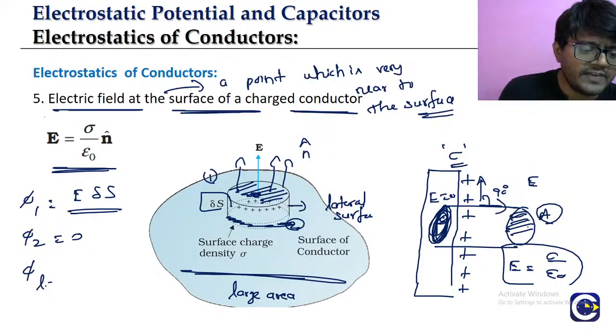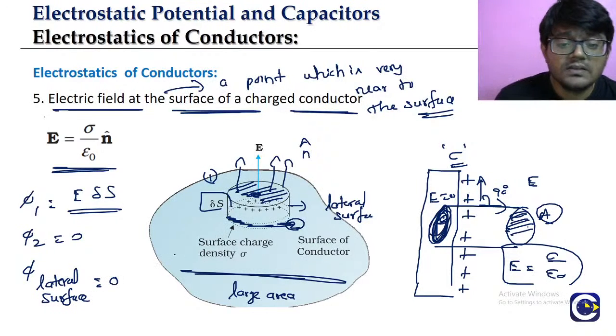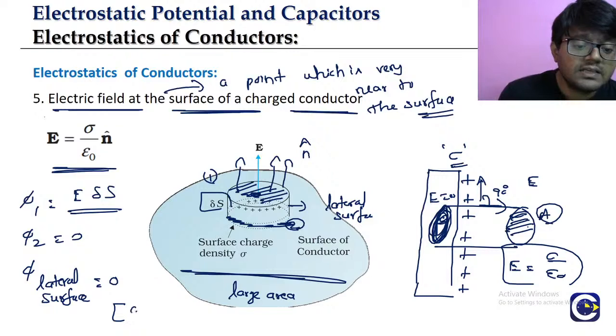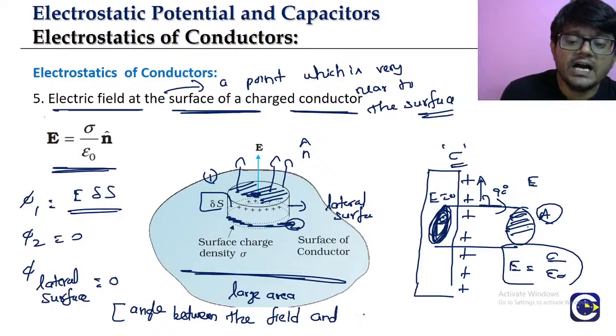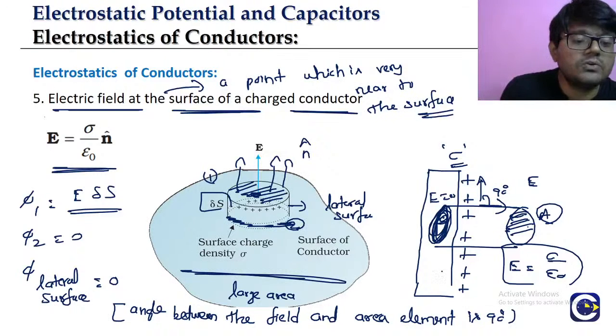The lateral surface flux value is 0, because the angle between the field and the area element is 90, so it will be 0. So only the flux through circular face 1 will remain.